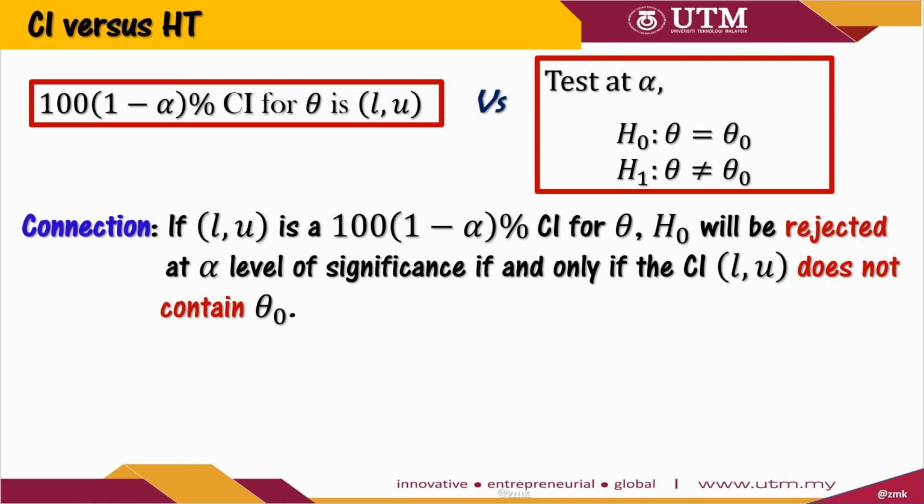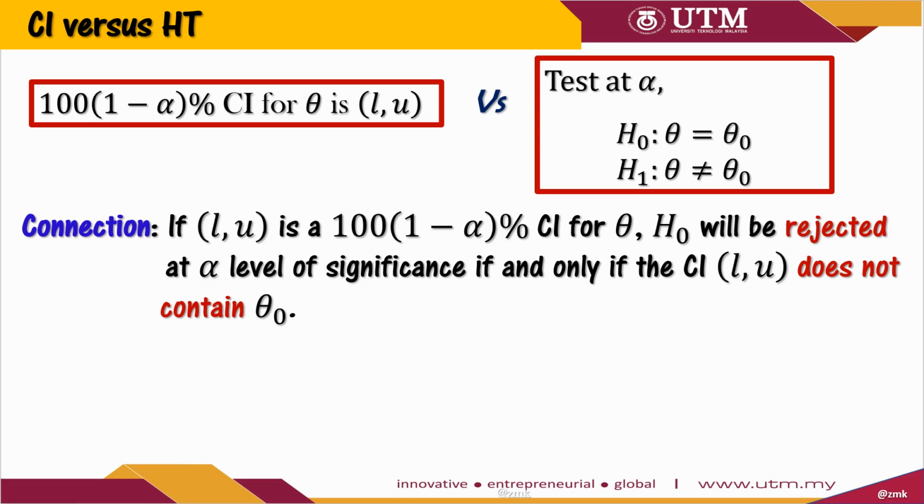Then at alpha % level of significance, we will certainly reject H0 theta equal to theta naught in favor of H1 theta not equal to theta naught if and only if the confidence interval (L, U) does not contain theta naught.